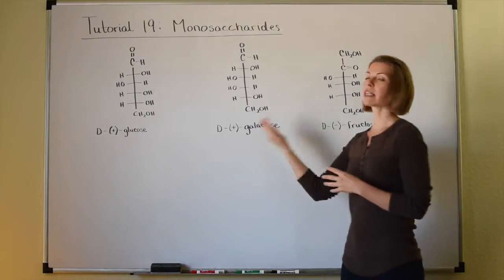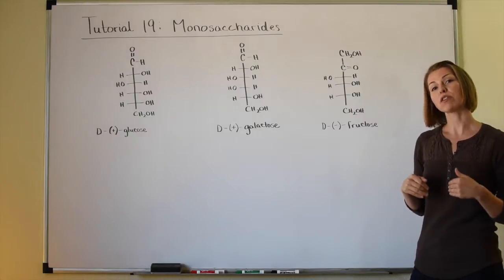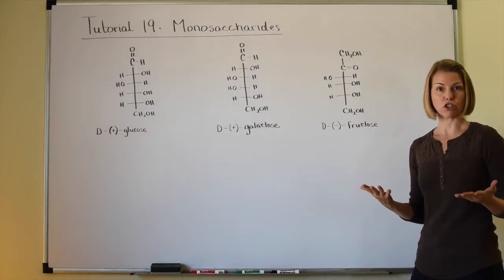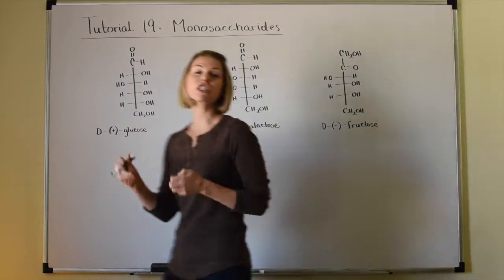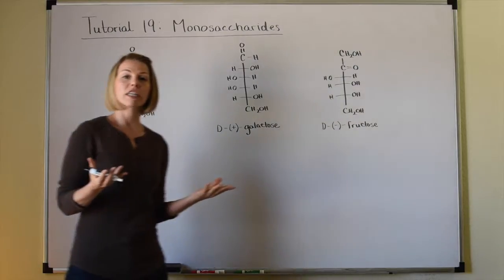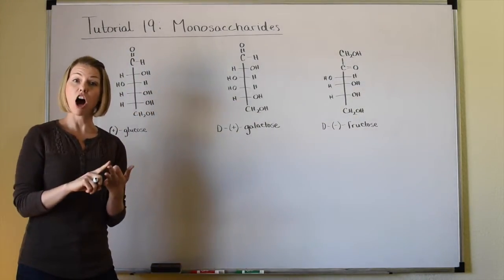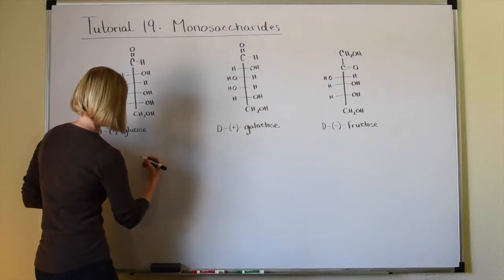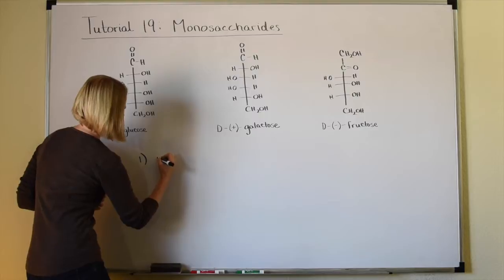So we're just going to pick these three monosaccharides to look at while we make some general statements about the structures of monosaccharides. The first thing you might notice is that the monosaccharides all contain just carbon, hydrogen, and oxygen. I'm going to write that down here as our first general statement.